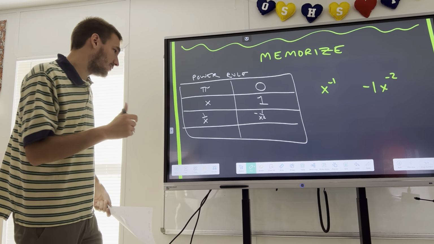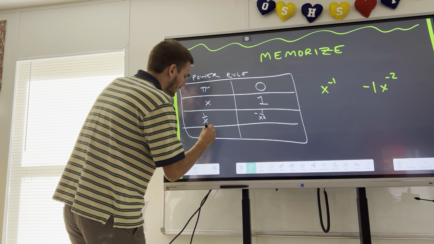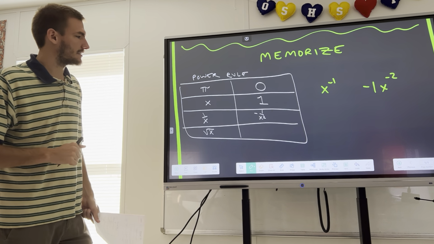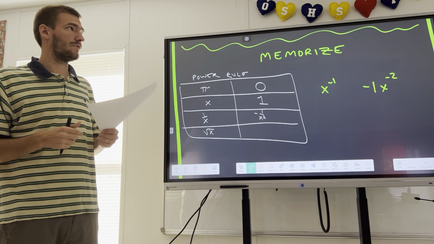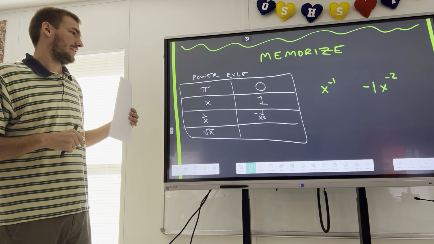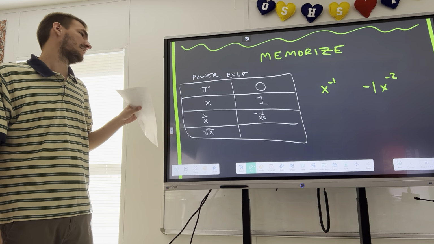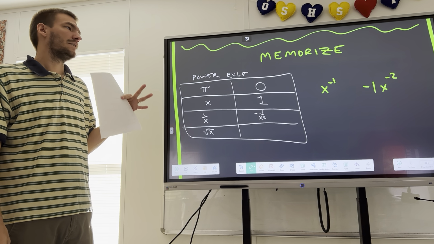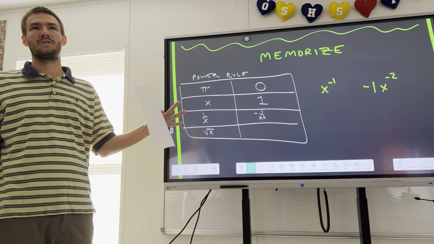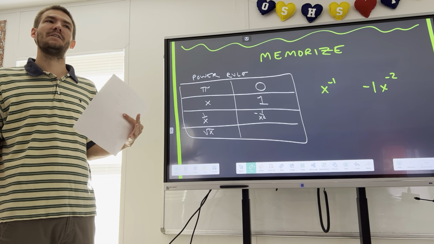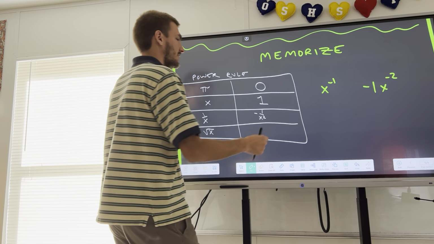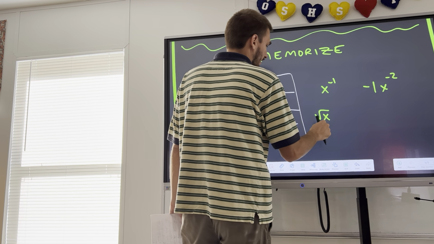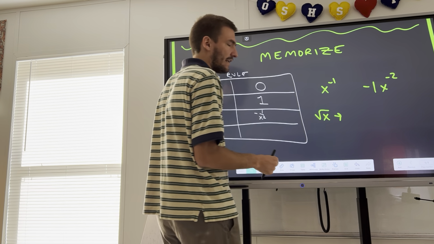And the next one is the square root of x. This is the last one for the power rule. The square root of x, okay, we talked about how that works with exponents, but we never actually did the derivative of that. So let's see how that looks. The square root of x, how do we rewrite that?